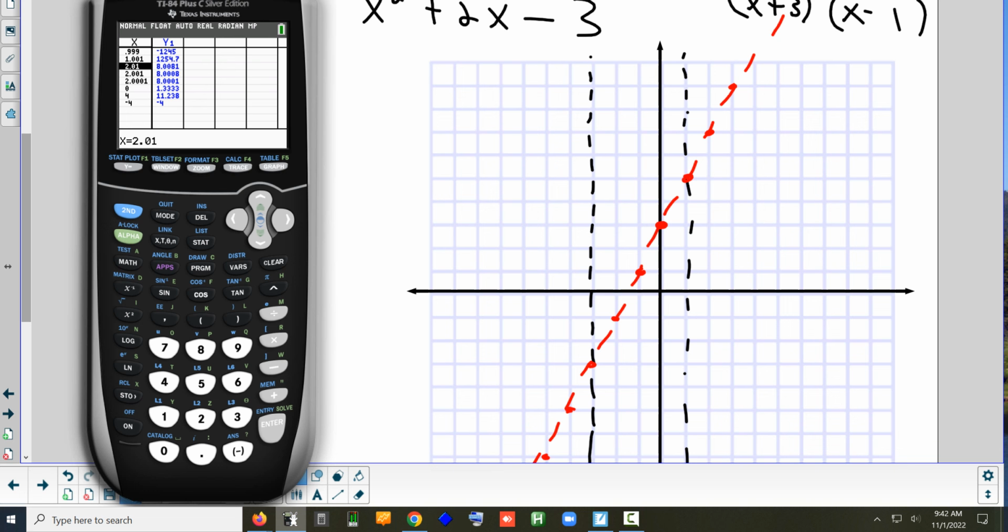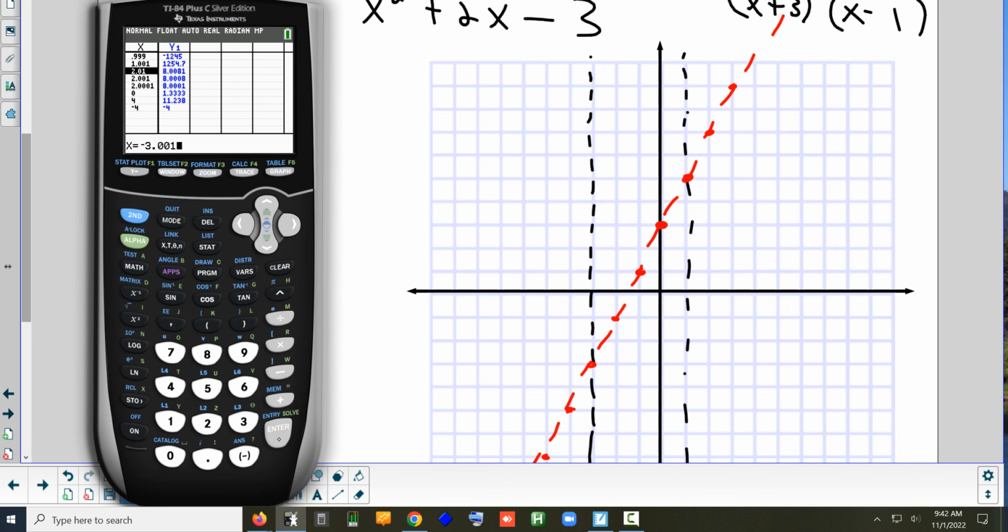So in other words, to the left of it, just past it. Sure, -3.001. All right, now I need a value just a little bit bigger than -3. Lucas? -2.999. Sure. All right, let's plot those 4 points.